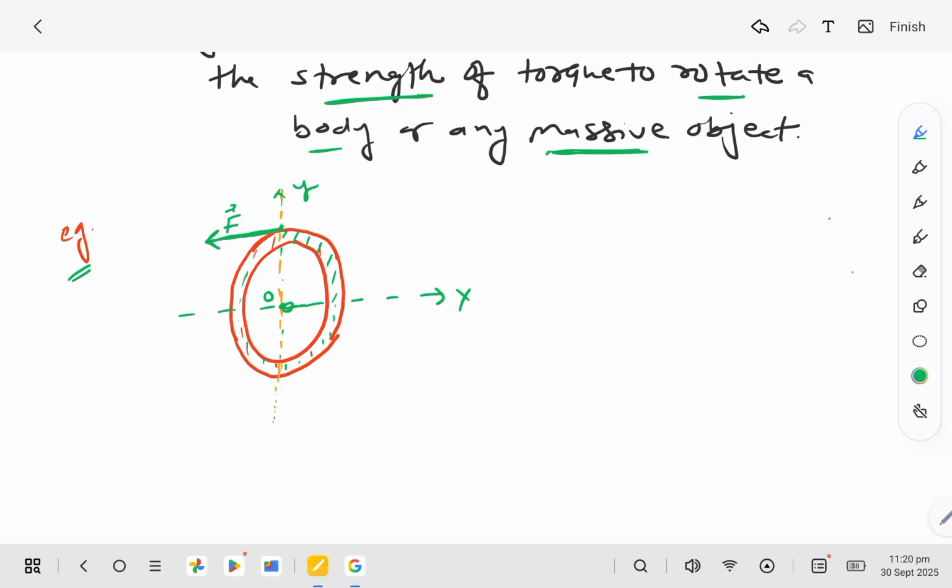Okay, now we can estimate, we can measure the moment of this force.